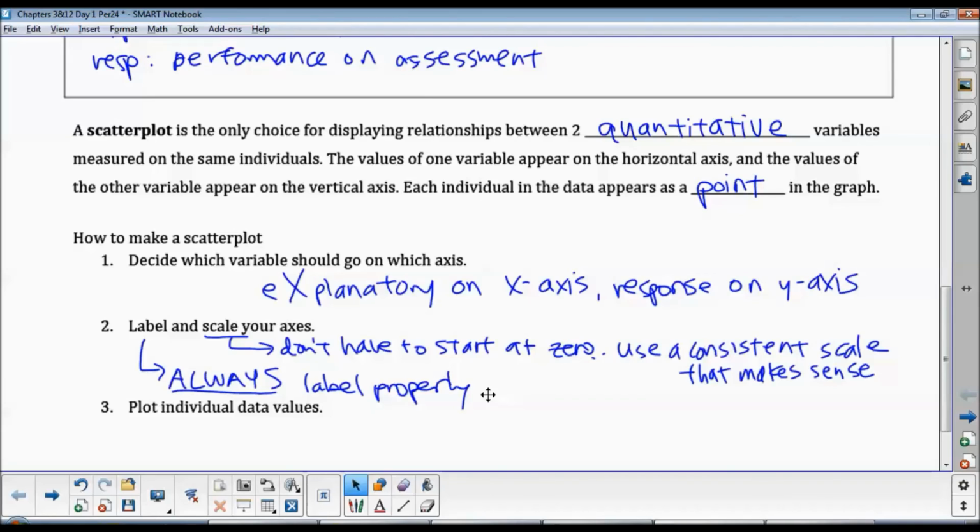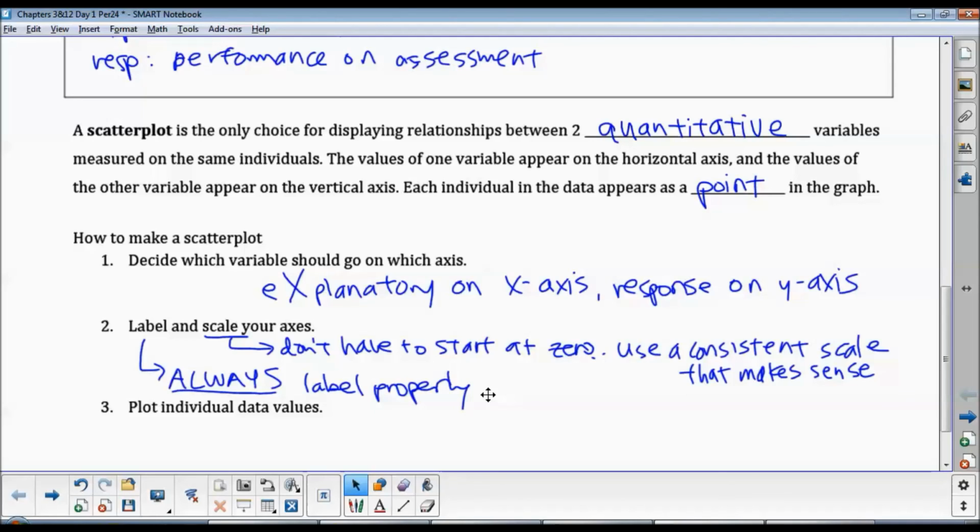Scaling your axes. While it's true that a lot of the time when we look at quantitative data, in the real world they only have real world meaning if they are positive numbers, and that means a lot of times we're working in the first quadrant where the values of both variables are positive. That doesn't necessarily mean you have to start at 0.